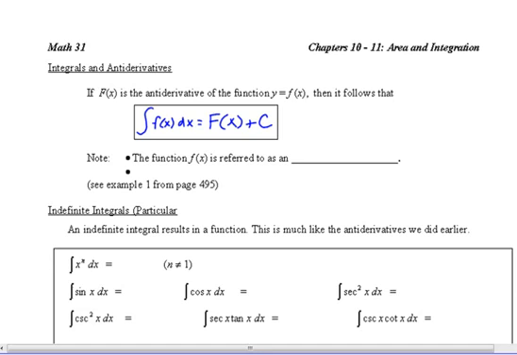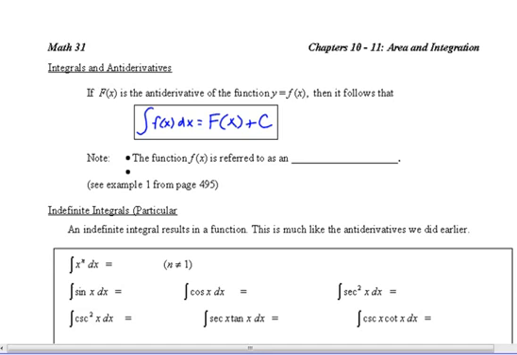Now, there is a difference because not all integrals represent area. Okay? So in area, if you had some below the curve and some above, we had to break it up, right? When we do integrals, it doesn't always represent area.